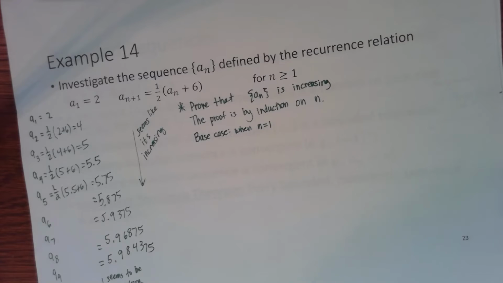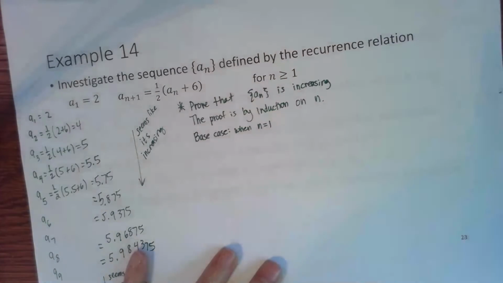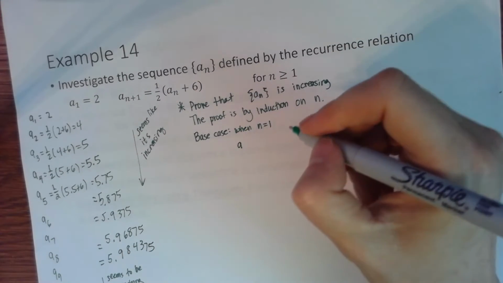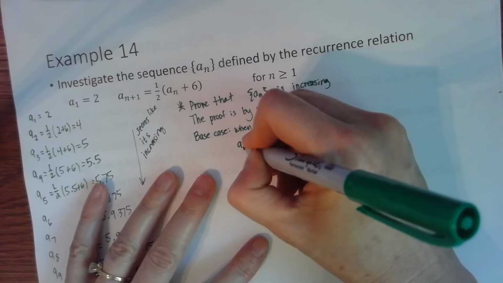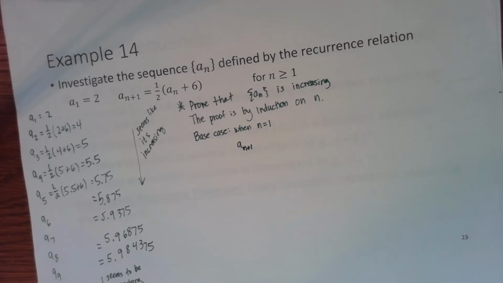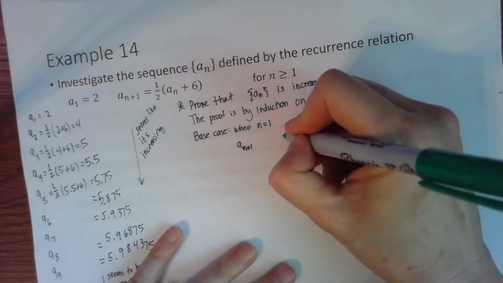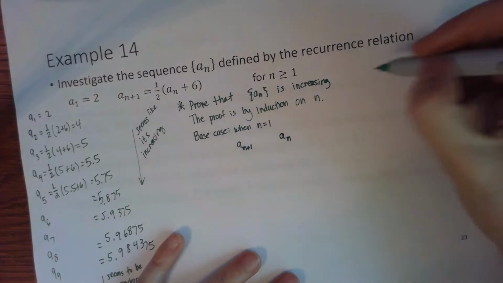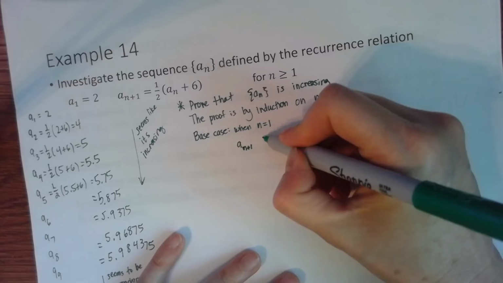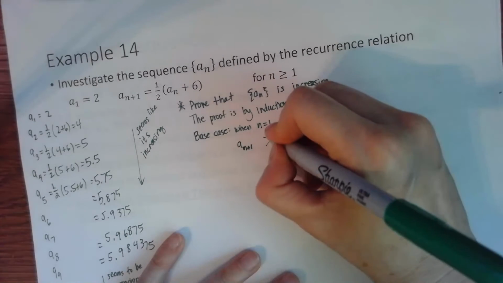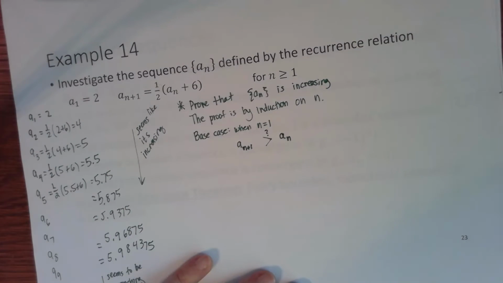Okay, so when n equals 1, we have a sub n plus 1, and we want to compare that to a sub n. For it to be increasing, a sub n would need to be less than a sub n plus 1. So that's the question we have to ask ourselves.